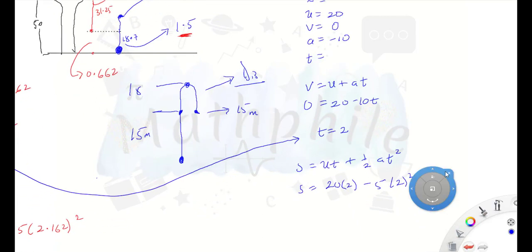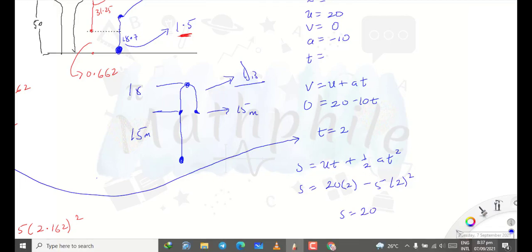That's 20, right? Yes. So the particle would have traveled 20 meters to reach its maximum height.